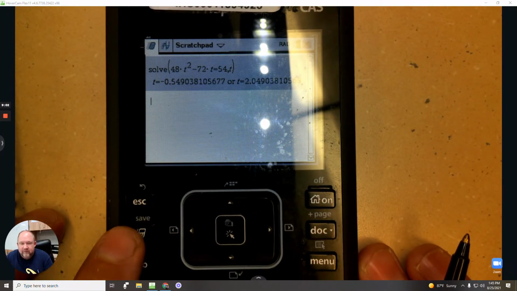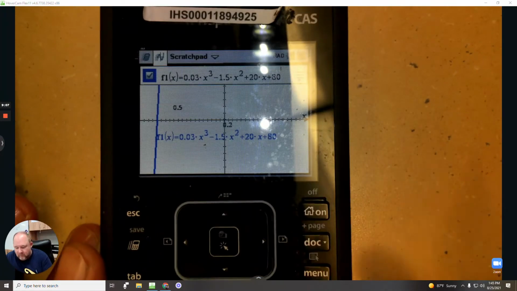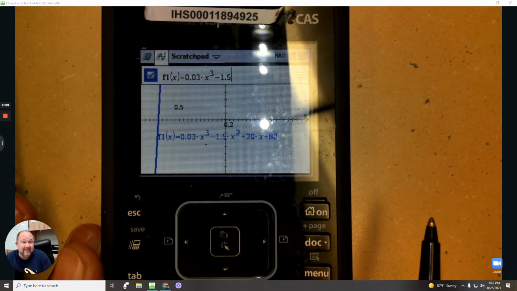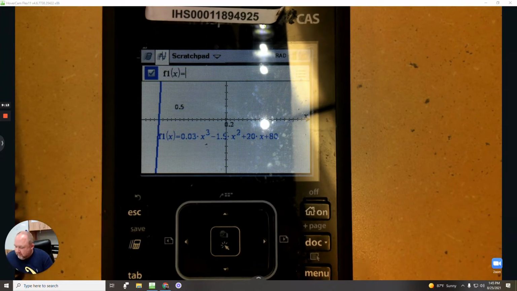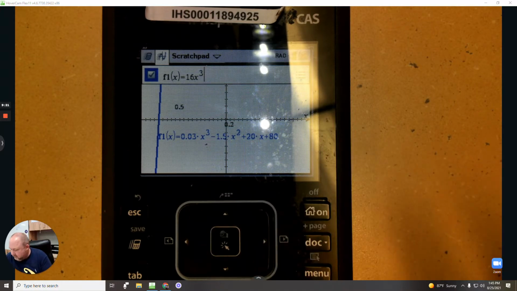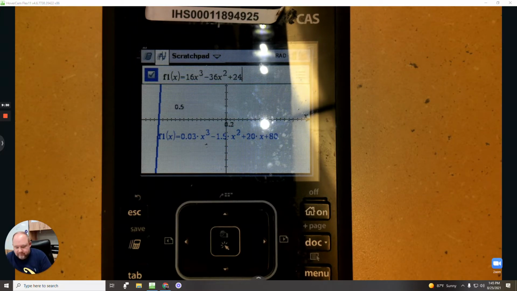So I'm going to press this toggle button, go to the graph, erase what I have there, and then type it in. But I have to use the variable x, which is fine. So the position equation is 16x cubed subtract 36x squared plus 24.